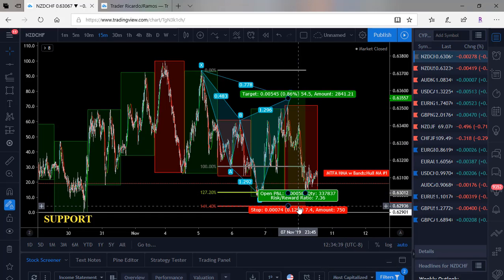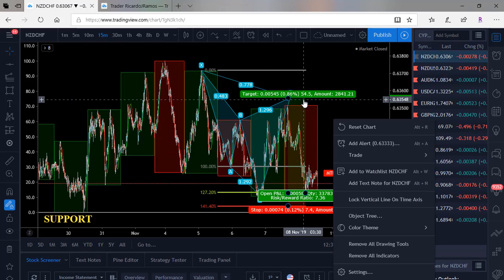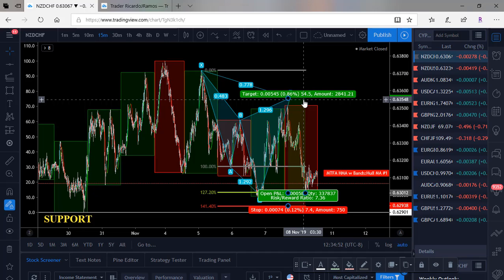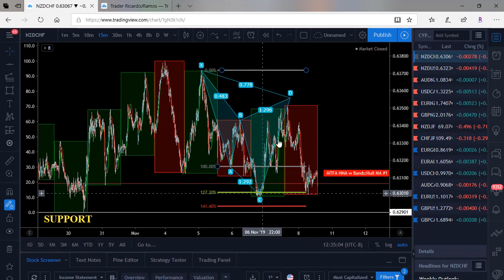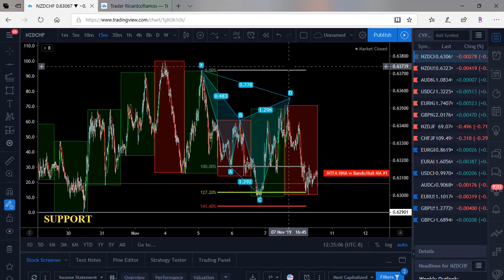So in this scenario, the risk reward is 7 to 1, which is extremely good. Although price failed to reach the D point, that C to D move was extremely good.